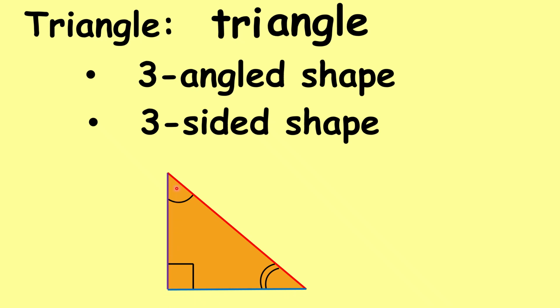And this is the third side. So it has three angles, 1, 2, and 3, and then three sides, 1, 2, and 3. So like we said, a triangle is a three-angled shape and also a three-sided shape.